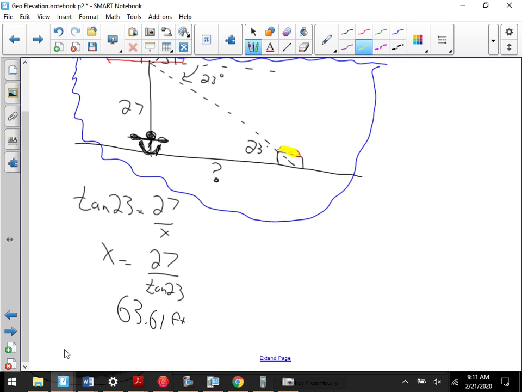The buried treasure is 63.61 feet away from the anchor. Depression is the same thing as elevation, just inside the triangle.